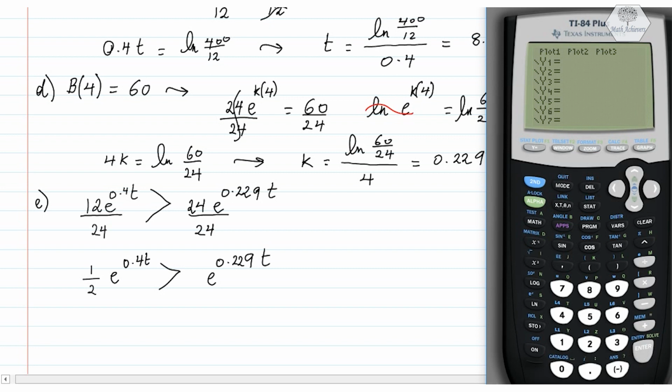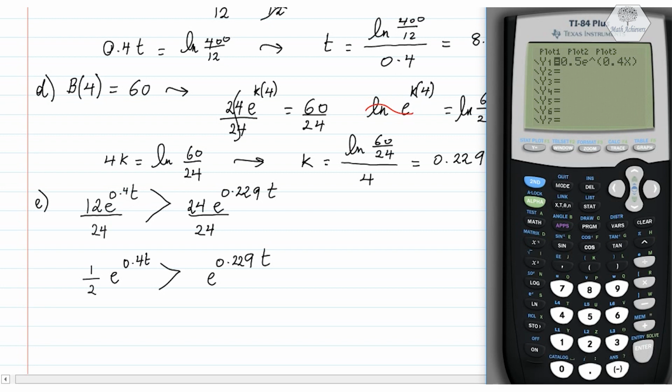I have my y equal, this is y1. I put 0.5 times e to the power of 0.4. t is my variable, so I use the x for the variable. This is my first function.